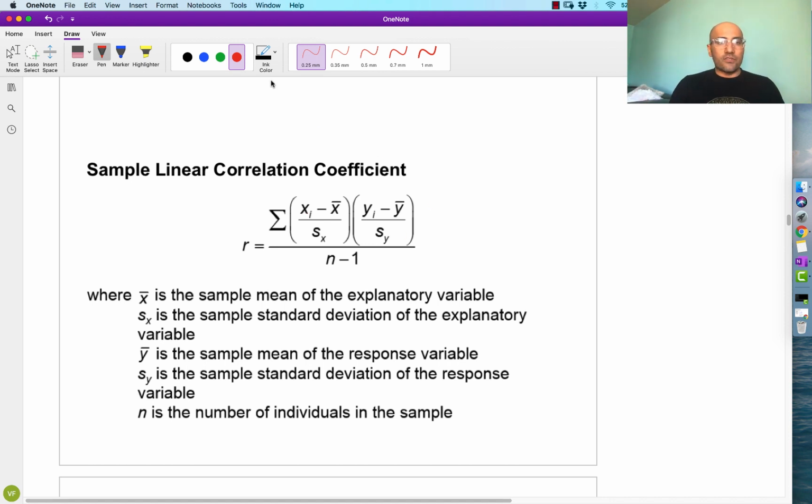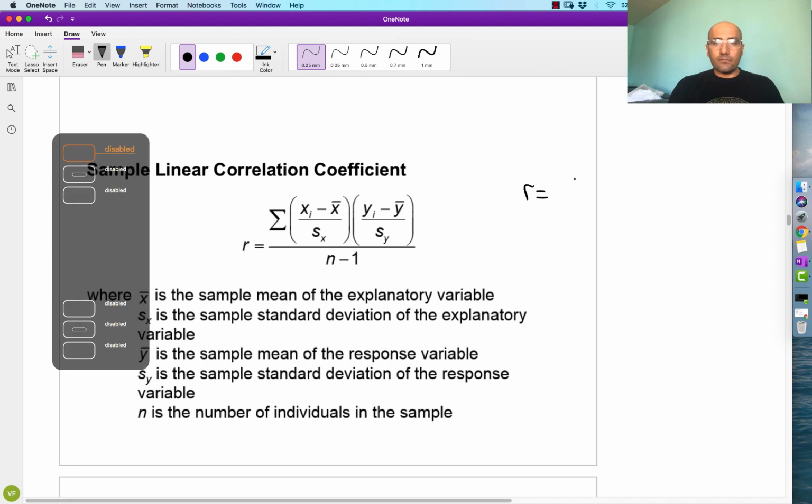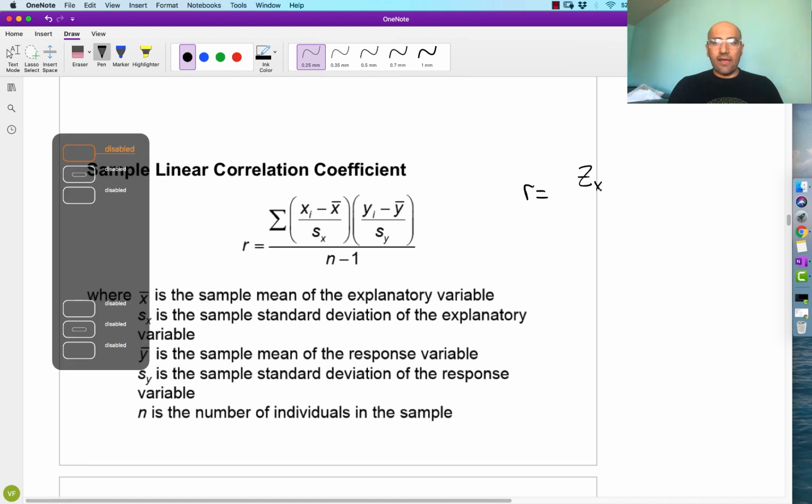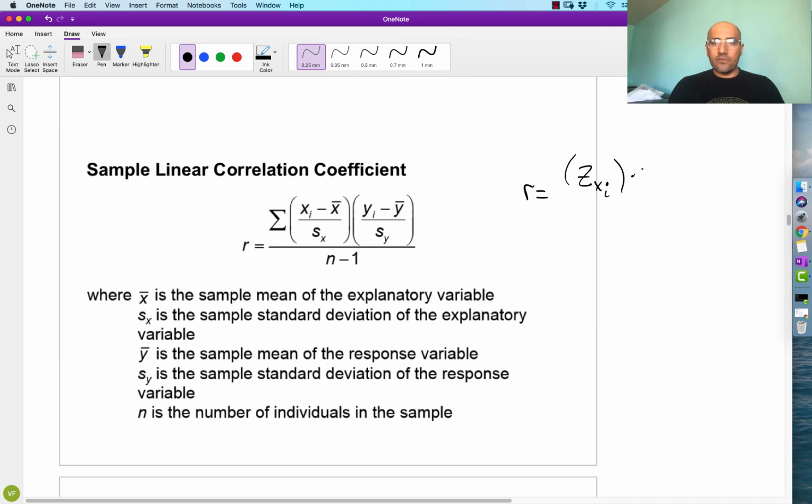So another way to describe this R is that it's equal to the sum of the z-score of x sub i times the z-score of y sub i, and then we add those together, and then the whole thing gets divided by n minus 1.